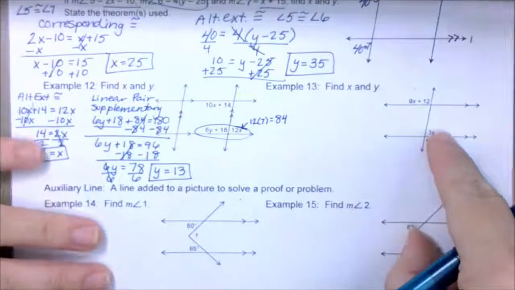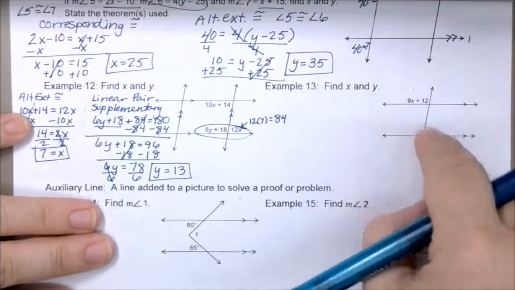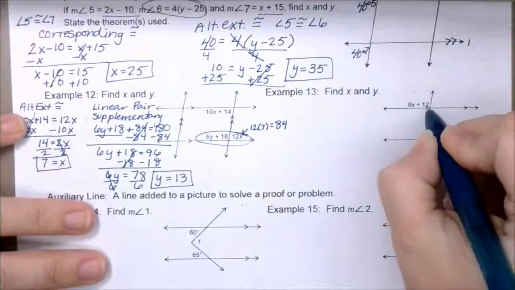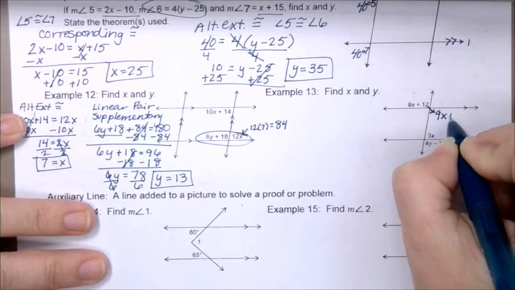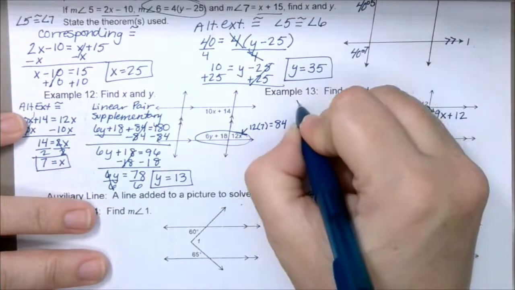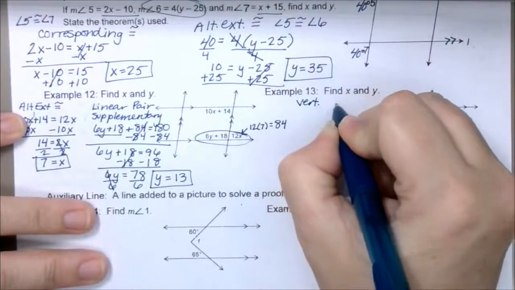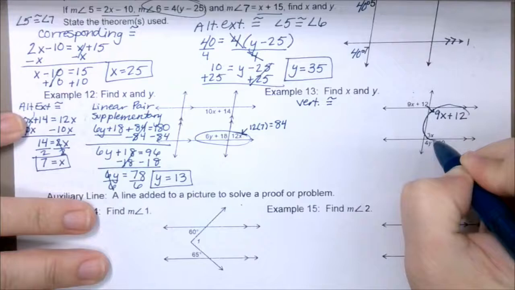And if I look at that, can I find this angle right here? Why? Alternate interior, right? So that means this angle right here is 60 degrees. Now that's not angle 1, but it's part of angle 1. Let's see if we can find the other part. Here, if this is 65, what is this one?